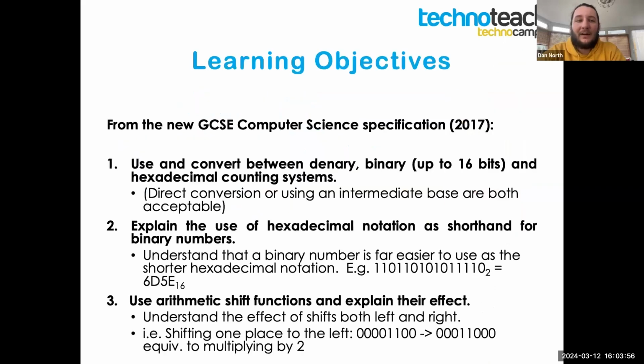So from the new GCSE comp sci specification, which do bear in mind is going to be updated now in September, there will probably be some changes to what we've learned over the past year. However, I very much doubt that something as basic and core as number systems will end up changing in any significant way.